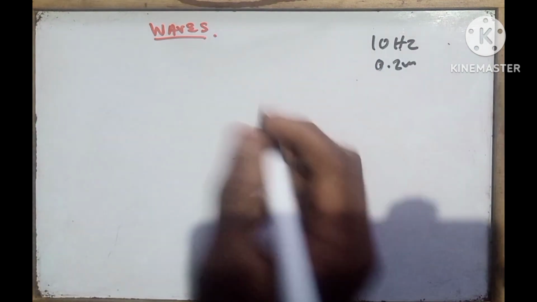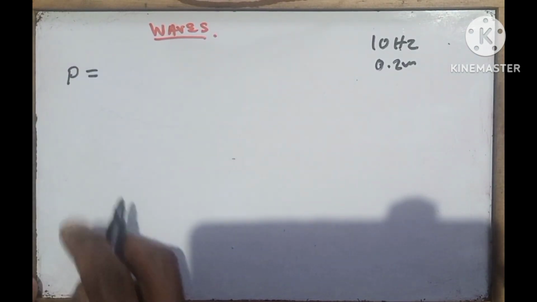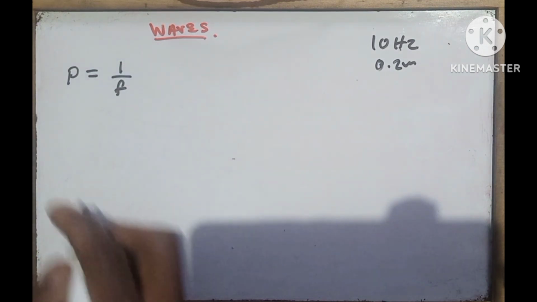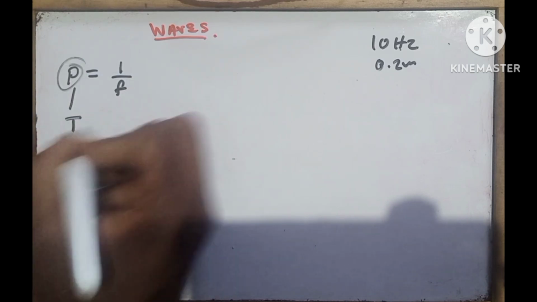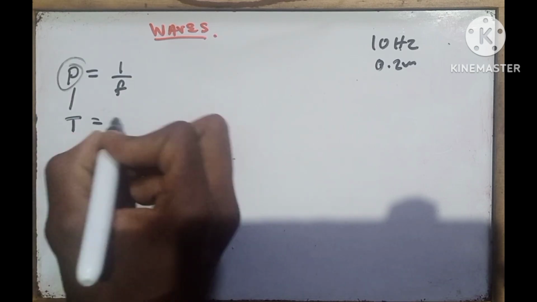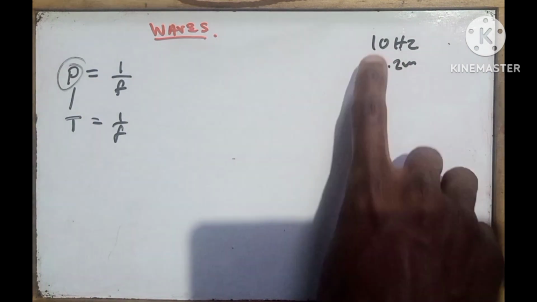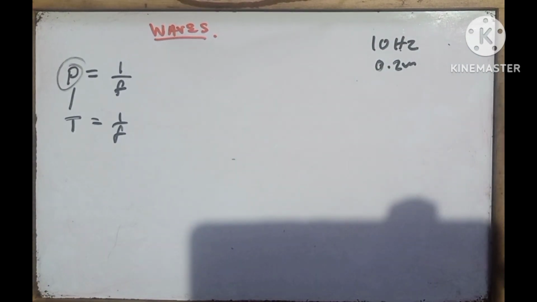So the period of the wave. Period is actually equal to 1 over the frequency, and period is denoted by capital T. So we write that T is equal to 1 over the frequency. Looking at the data given, the frequency is 10 and we have the wavelength of 0.2 meters.